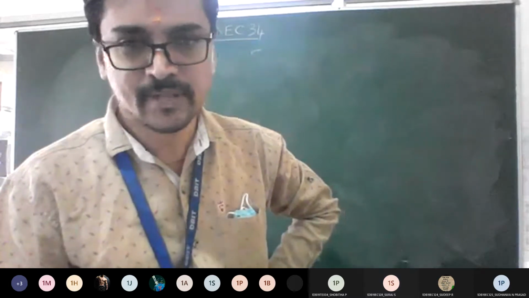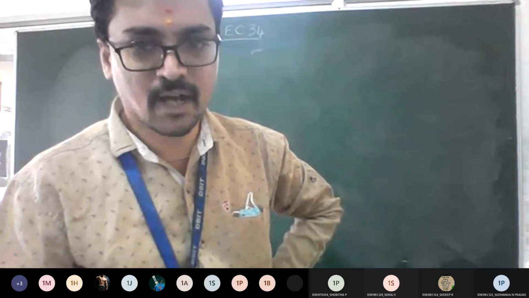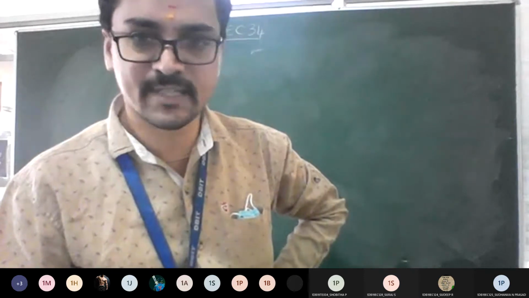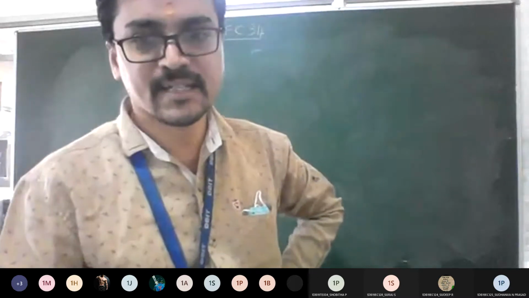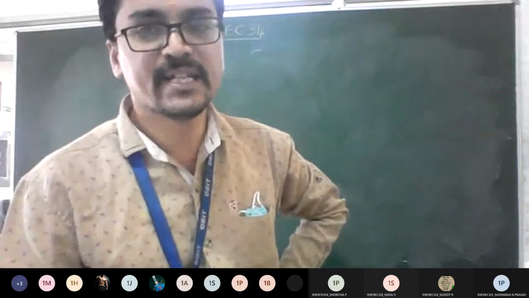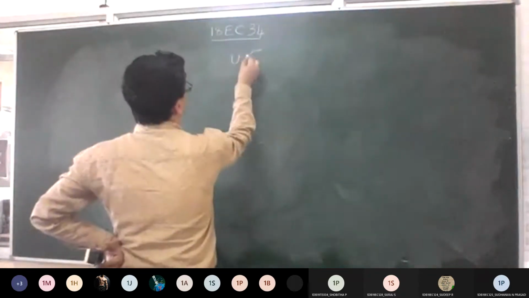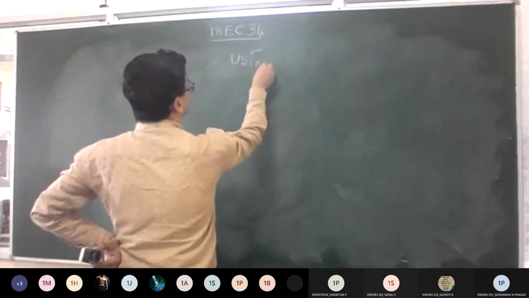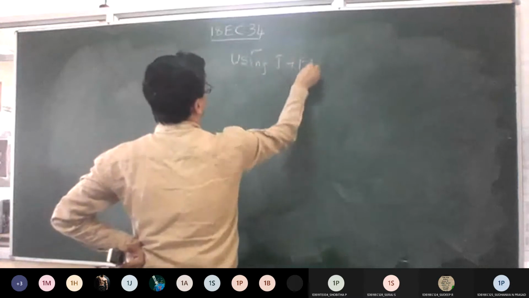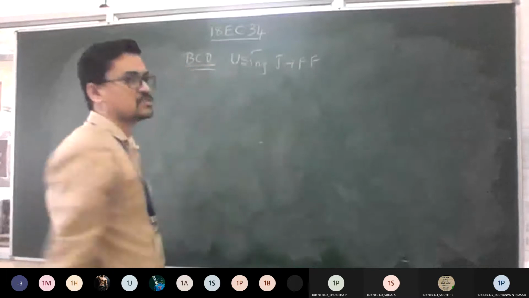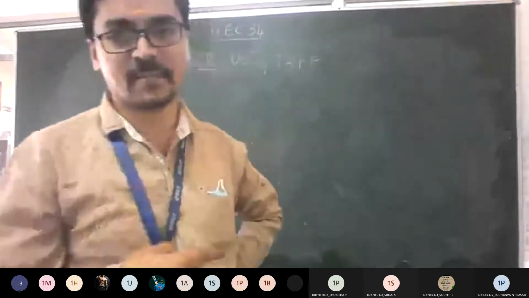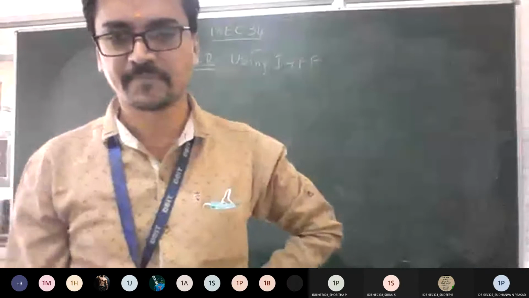Fine. So now we will see how to design synchronous and asynchronous separately. Let's try asynchronous first. If the question is to design a BCD ripple counter using JK flip-flop, the word ripple tells you this is a part of asynchronous design.